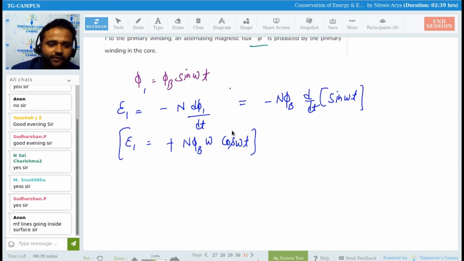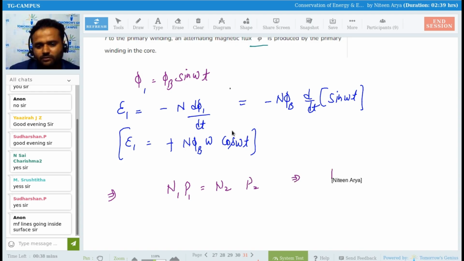But we know due to the power relation, power is going to be equal in both, isn't it? In a transformer, power is related in both. We have this formula: P1 equals P2, which is V1 I1 equals V2 I2.